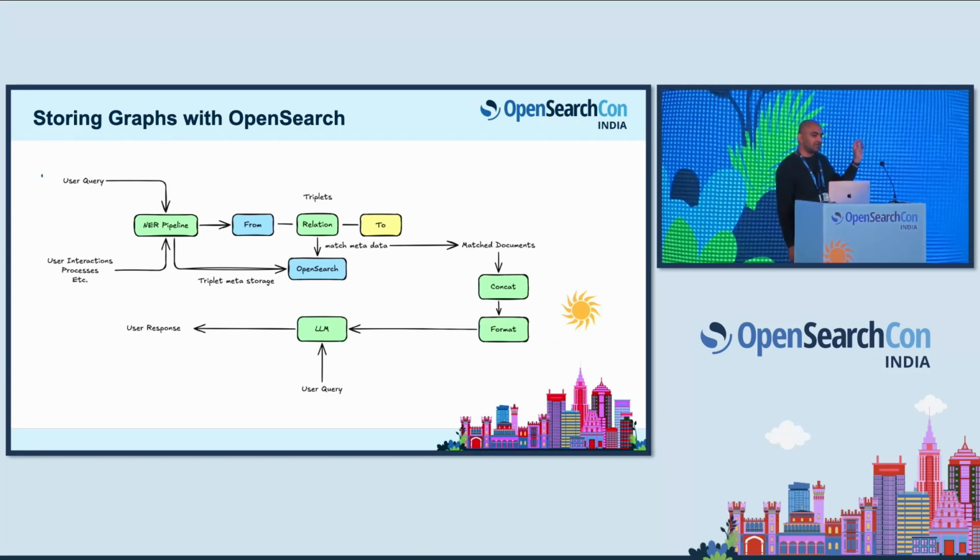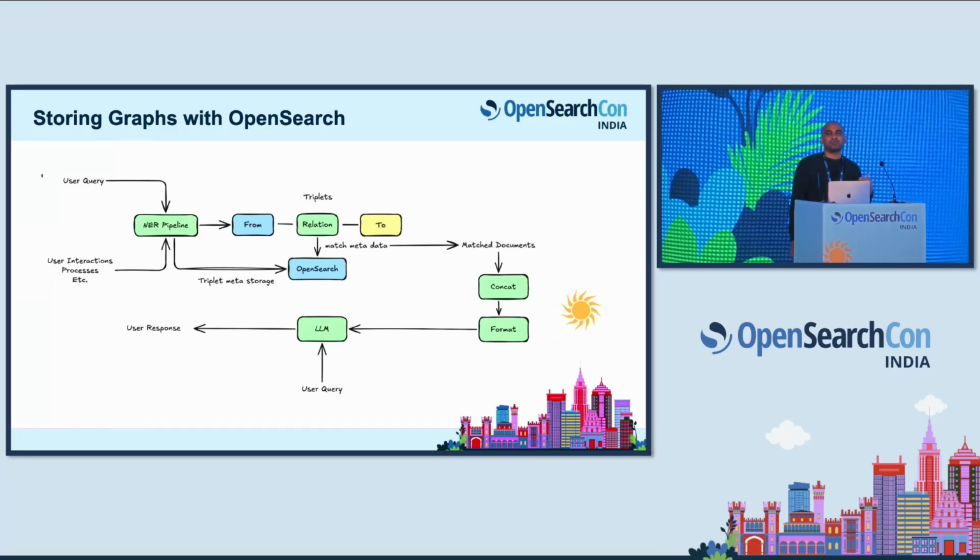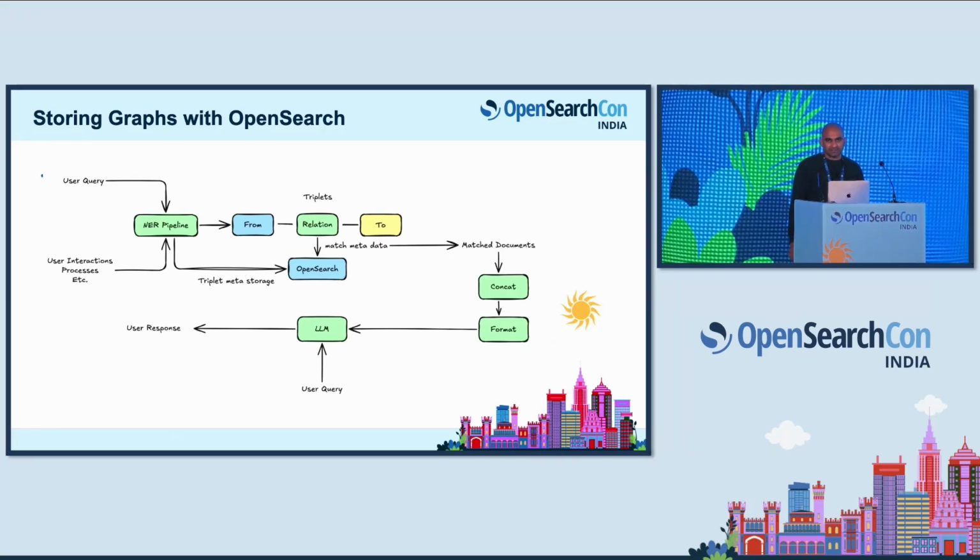Now from this, you are getting this triplets idea from relation to. And this data can be stored in your OpenSearch in terms of metadata, embeddings. So you might have previously only just one field for your content, but now you're having three fields to represent these three data sets here. Previously, in your simple RAG case, you were searching just a single field for the data.